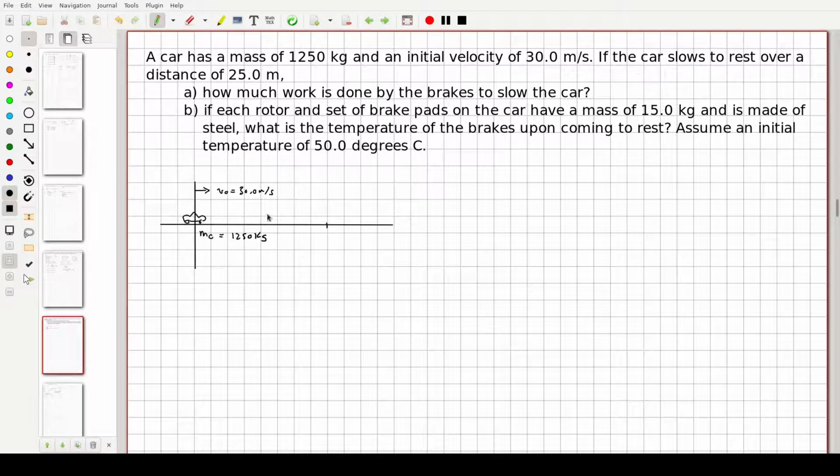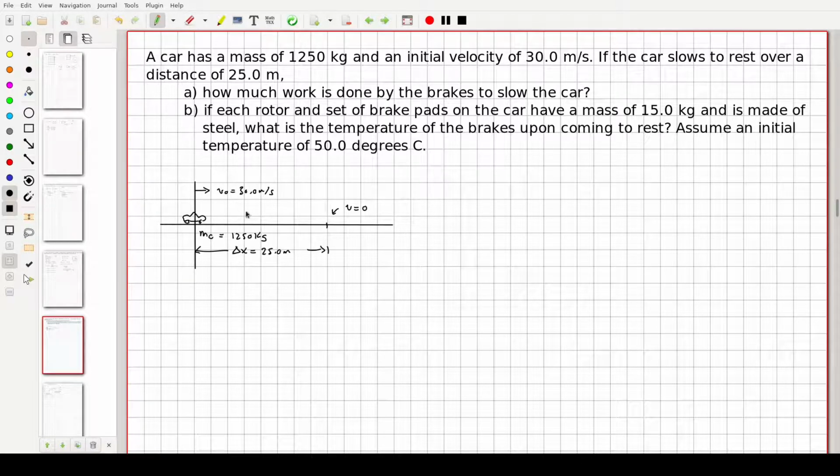As this thing slows down to this point right here where my final velocity is 0, it has covered a distance of delta x equaling 25.0 meters.